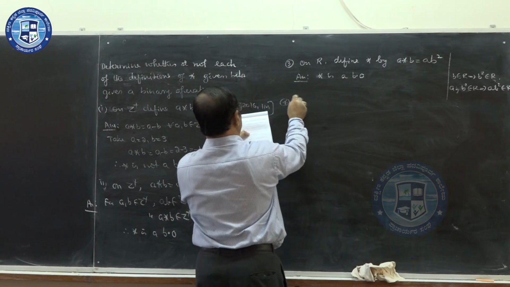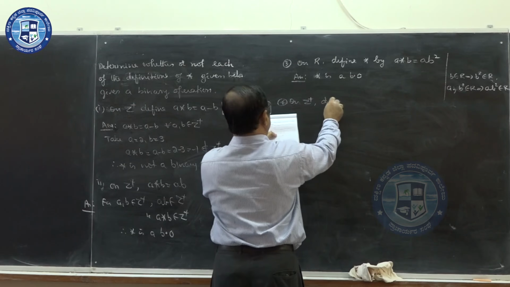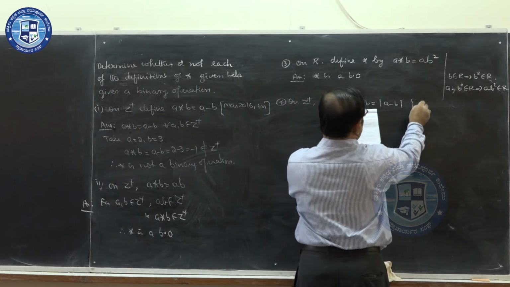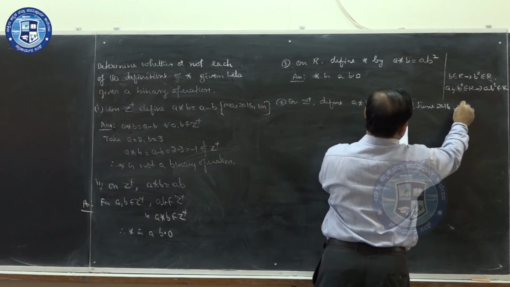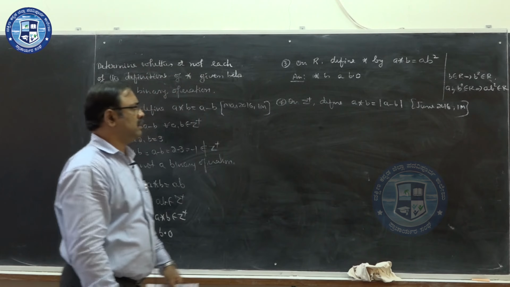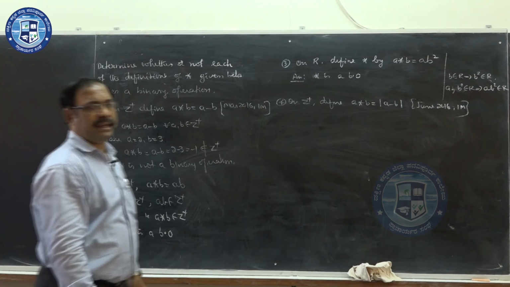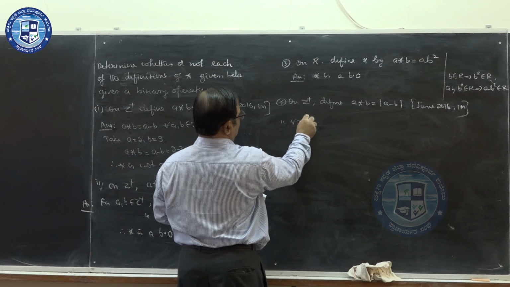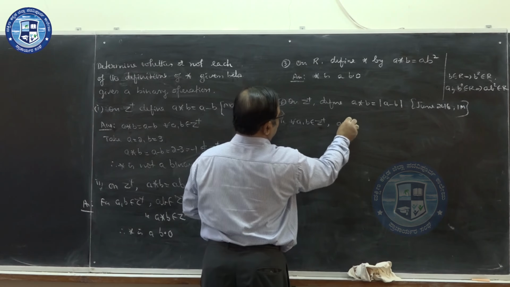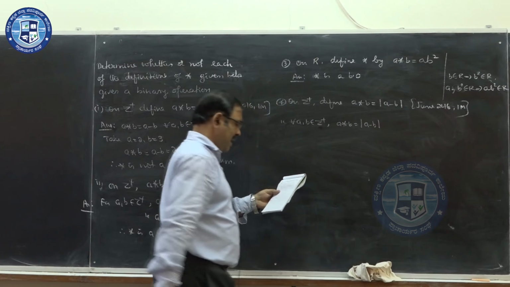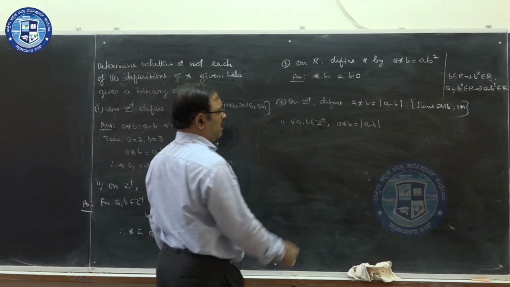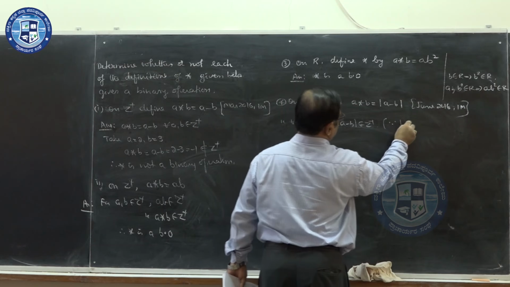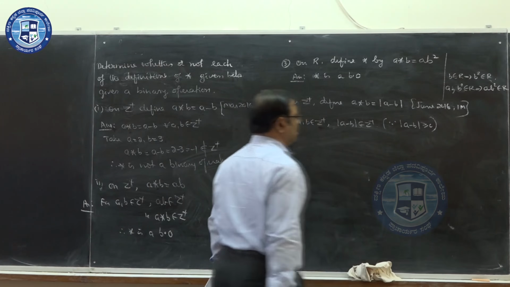One more example. On Z plus, define A star B equal to mod of A minus B. This was asked in June. For all A, B belonging to Z plus, A star B equals mod of A minus B. Mod of A minus B belongs to Z plus because mod of A minus B is greater than or equal to 0.